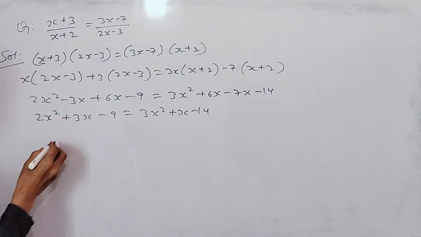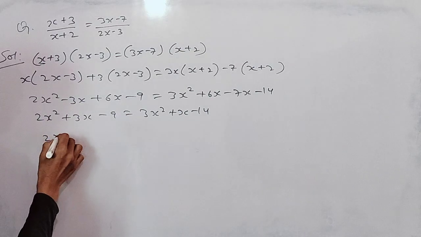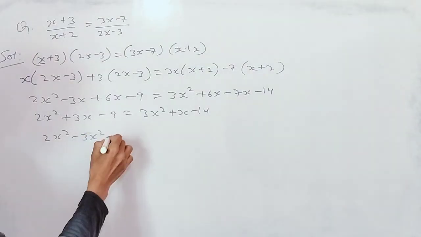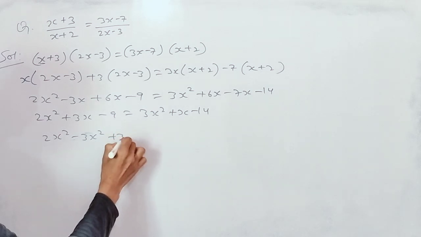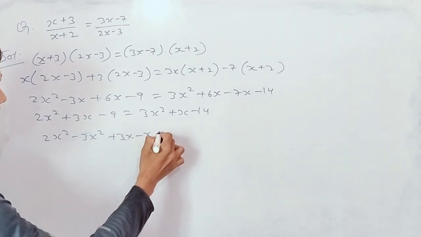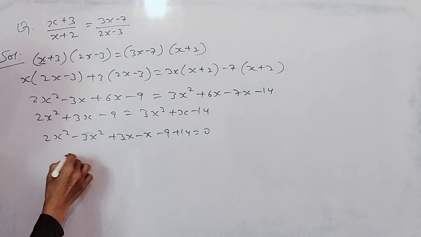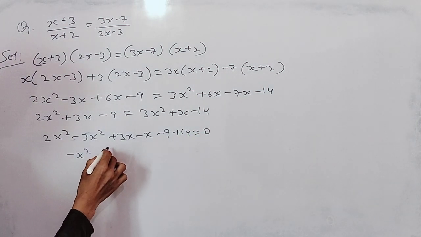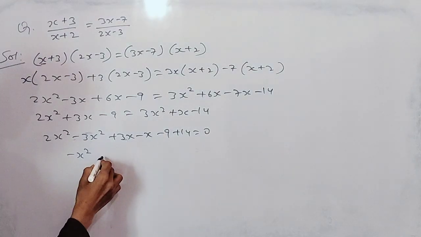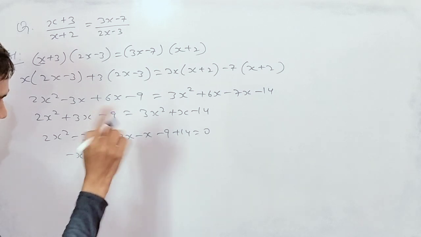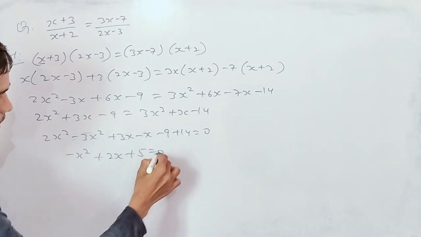Now 2x square minus 3x square, plus 3x minus x, minus 9 plus 14, gives minus x square plus 2x plus 5 is equal to 0.